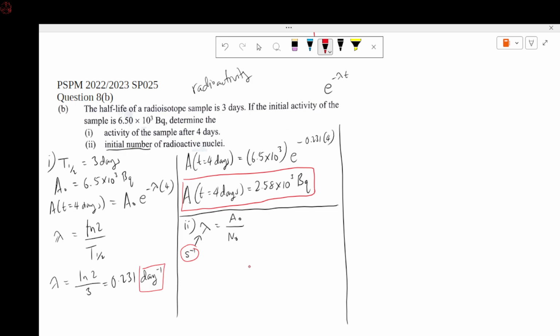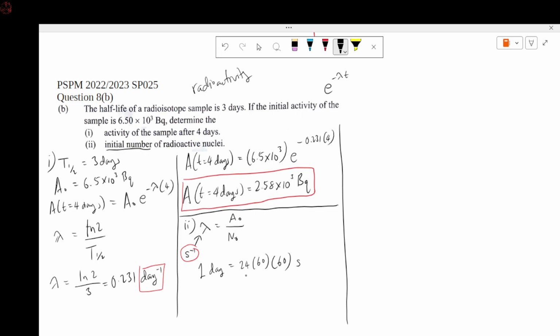Let me show you how to do a simple conversion. If I have 1 day, that means I will have 24 hours times 60 minutes times 60 seconds, each hour of 60 minutes and each minute of 60 seconds.